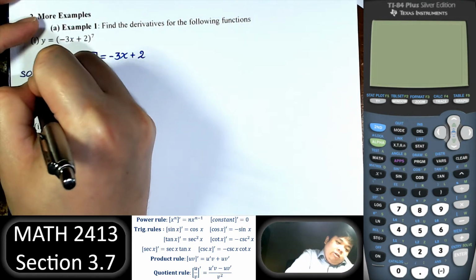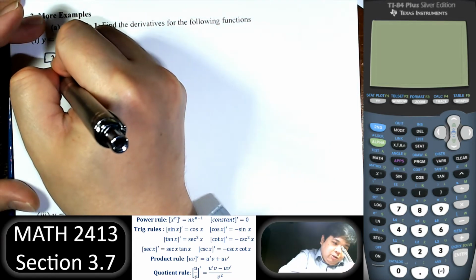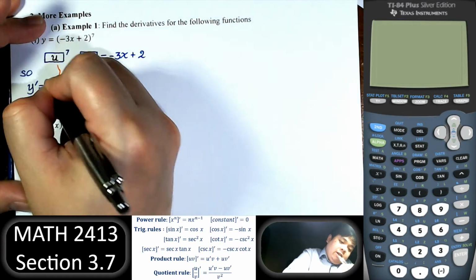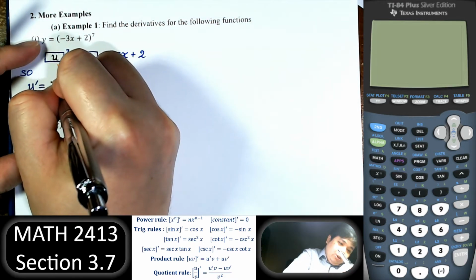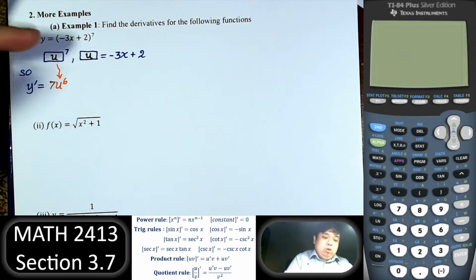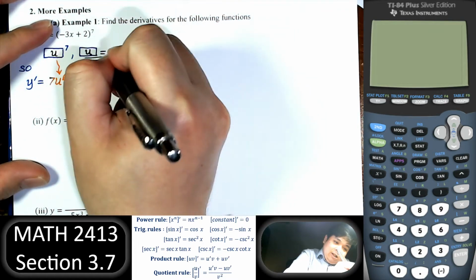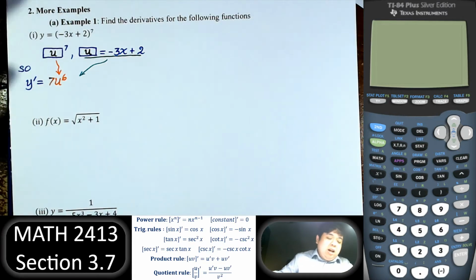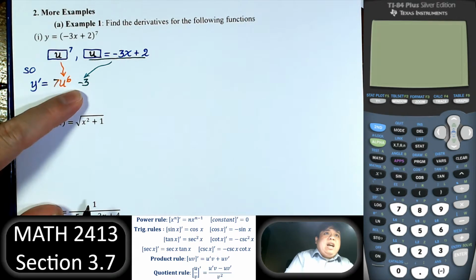Then we just take the derivative of each one of them. First, the derivative of u to the 7th power is equal to 7u to the 6th power. And then we take the derivative of negative 3x plus 2 with respect to x, which of course is negative 3. Of course, if we write it like that, that's really confusing.